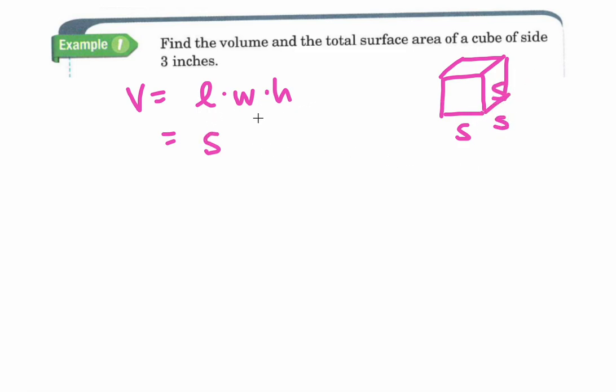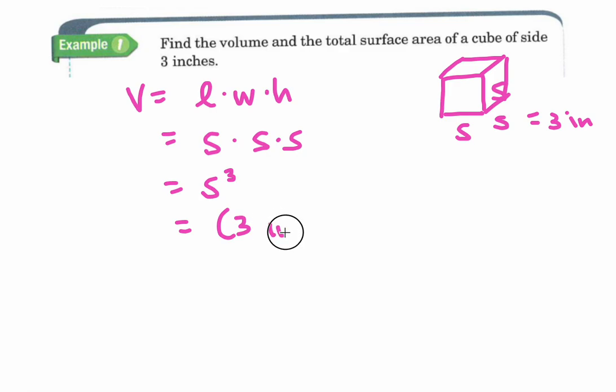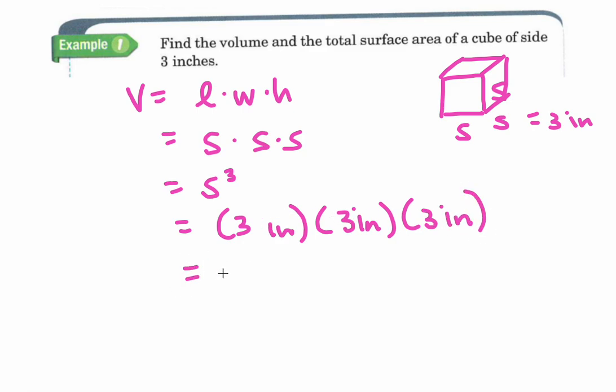So instead of length times width times height, it will be s times s times s, or s cubed. In this case, my side length is equal to 3 inches. So it's going to be 3 inches times 3 inches times 3 inches. Okay, 3 times 3 times 3 is 9 times 3, which is 27.